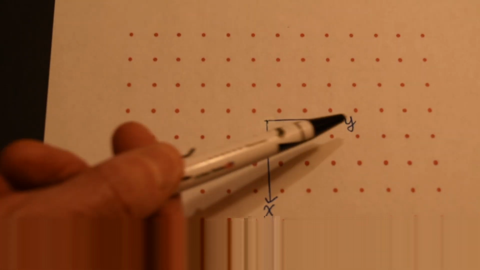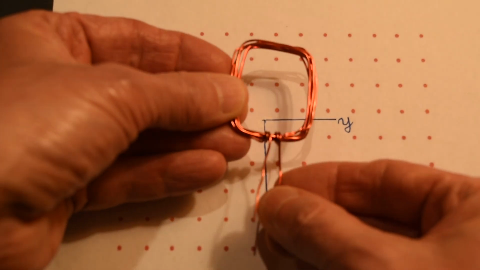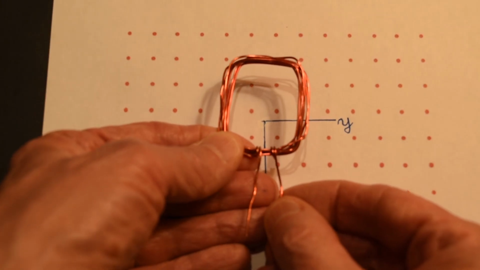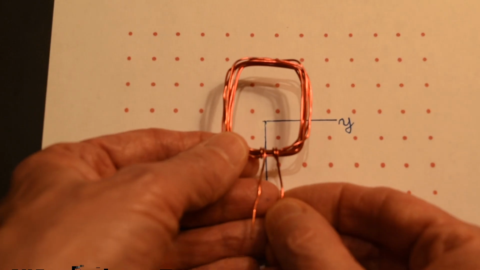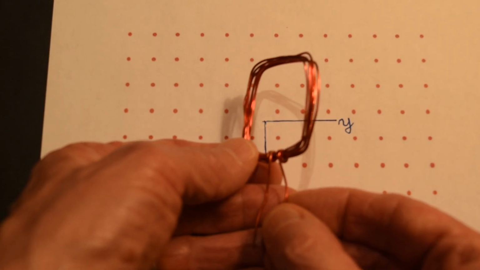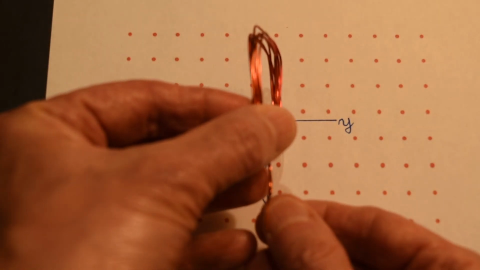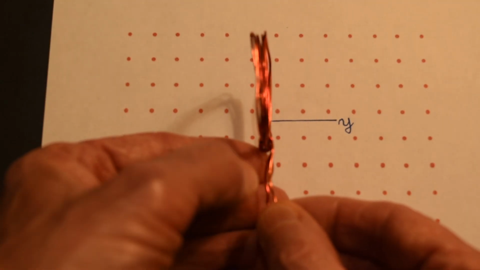Here's our x and y axes, and here's the magnetic flux density field coming out of the page, and our coil will rotate about the x-axis like this, and so the number of those dots representing the magnetic flux density field coming through the coil will be a maximum at this point, decreasing to 0, and then starting to increase again, but in the opposite direction through the coil, and so forth as the coil rotates.